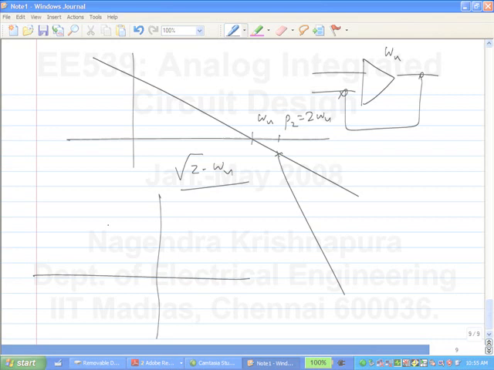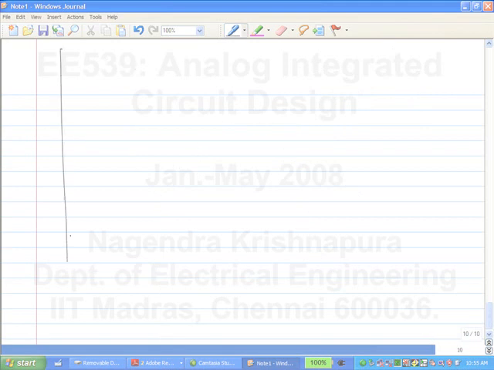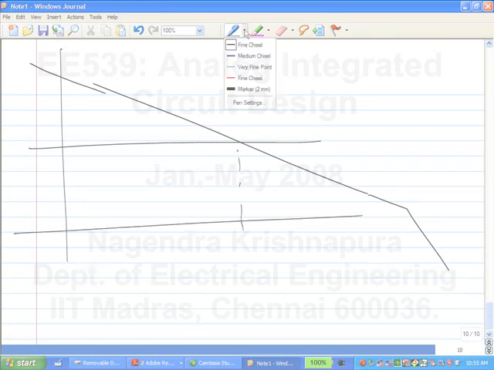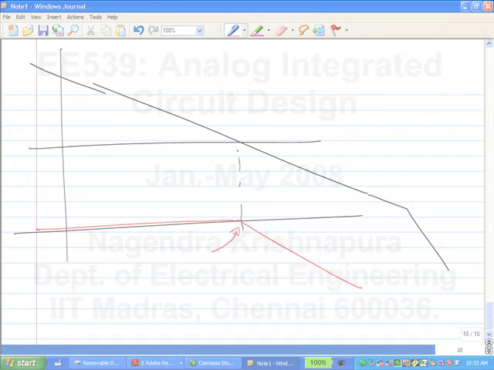Oh, how will that increase the bandwidth? So let's start with an open loop response where the non-dominant pole is really far away. Okay. So in that case, the closed loop response will be pretty much like this, where this is the 3 dB bandwidth. Okay. In reality, it will droop this way.